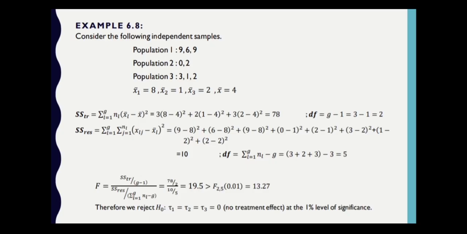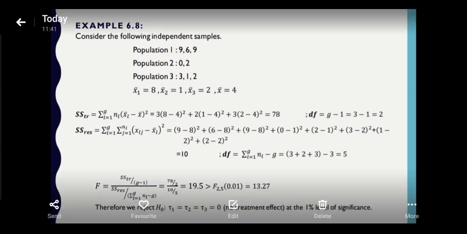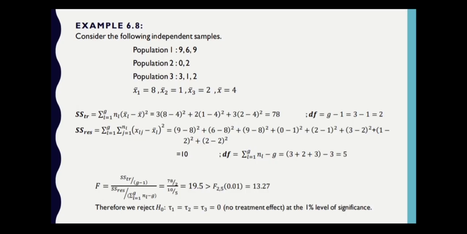Okay, so first of all, you need to find the mean for each population, right? Mean for each population, and then mean for overall. Why? Because we need to use the X bar to find the SS treatment using this formula. So which is n1 times X bar 1 minus X bar.